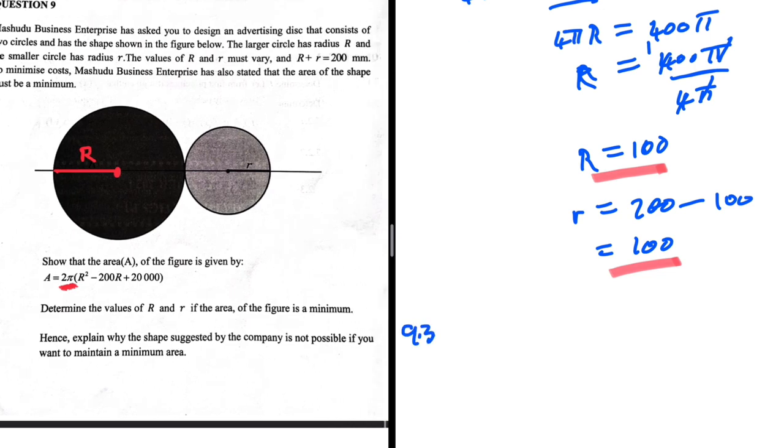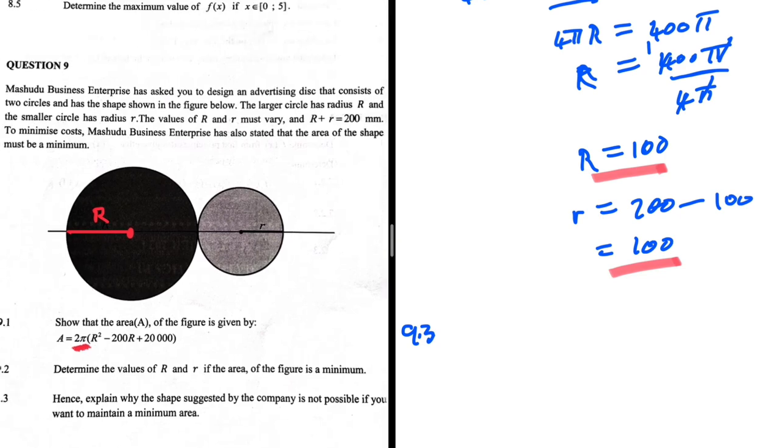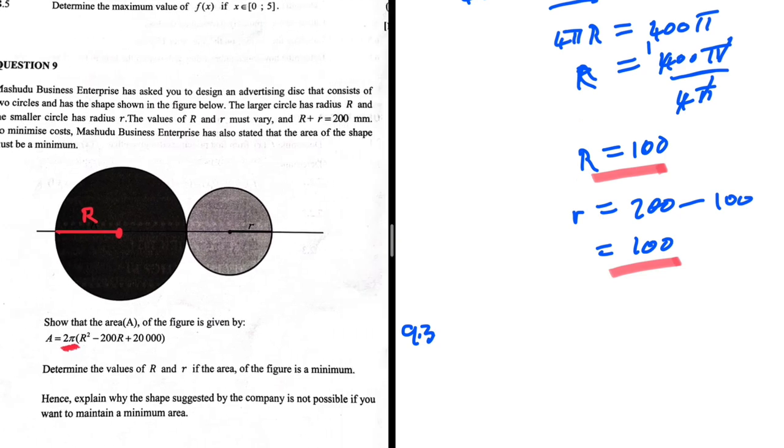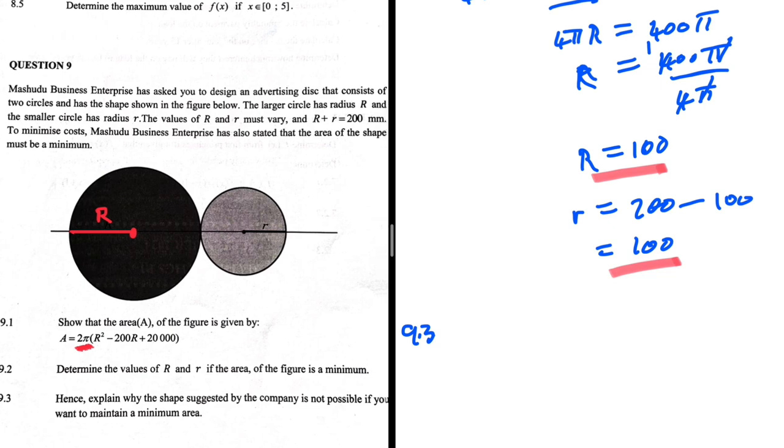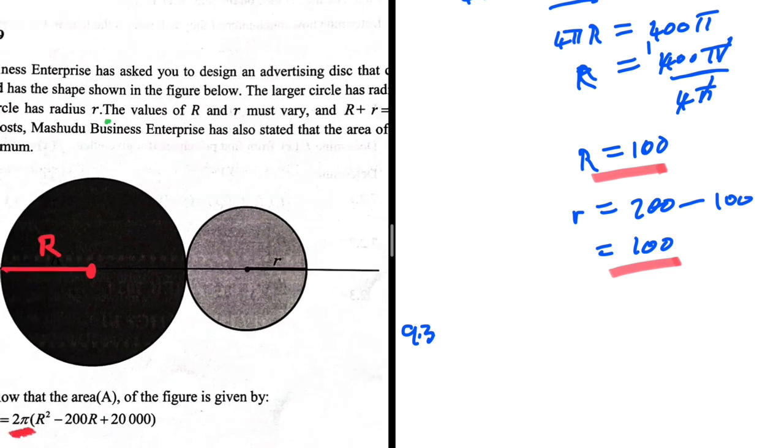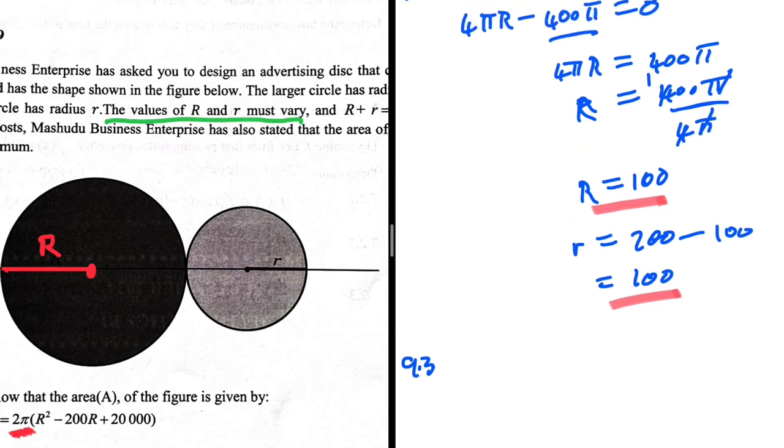9.3 says, hence explain why the shape suggested by the company is not possible if you want to maintain a minimum area. Okay, let's go back to the given information here. What are we missing? The values of capital letter R and small letter r must vary. That's what's required.